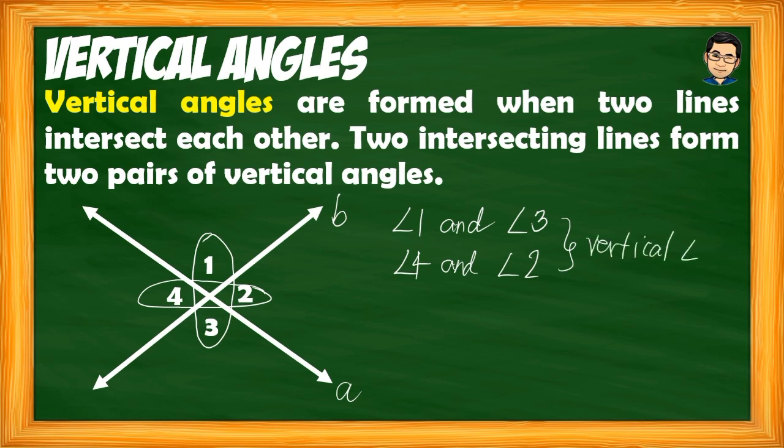Kapag vertical angles po, ang pinag-uusapan natin, yung sukat po nila ay parehong-pareho. Like for example, kung ang sukat ng angle 1 ay 50 degrees, ang sukat po ng angle 3 is also 50 degrees. And then, angle 1 and angle 2 are supplementary naman. Hindi sila pwedeng maging vertical angles.